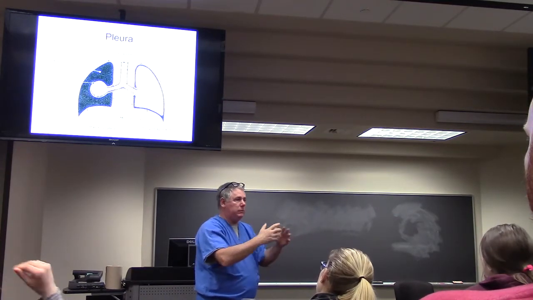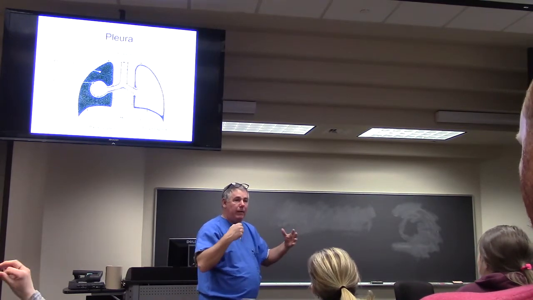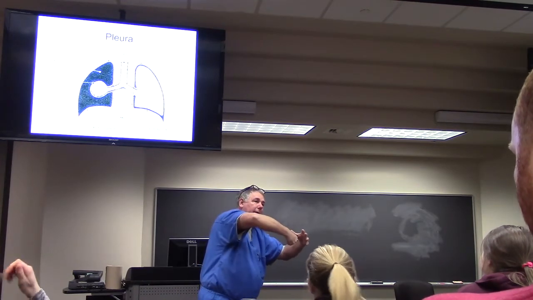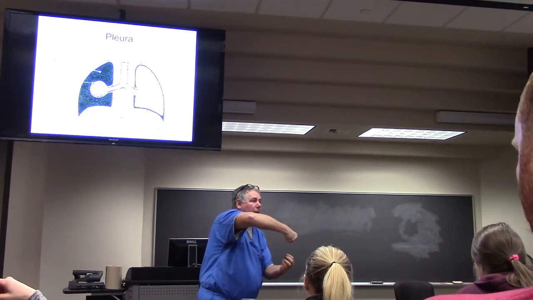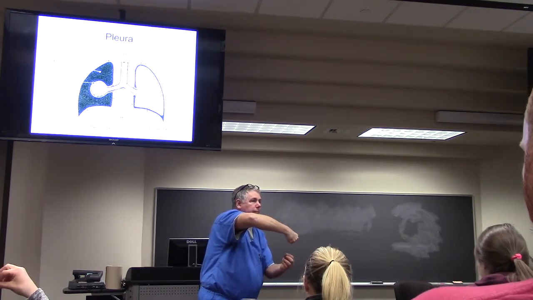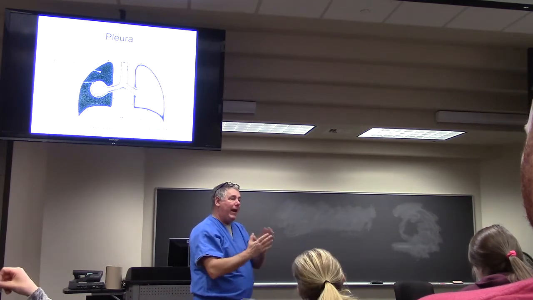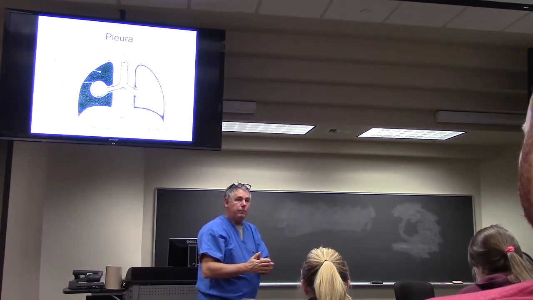It'd be nice and no folds, no pleats or anything like that. But it comes down at an angle, and when it comes down at an angle, it creates a fold down here below it. There's a fold of reflection where visceral becomes parietal pleura.